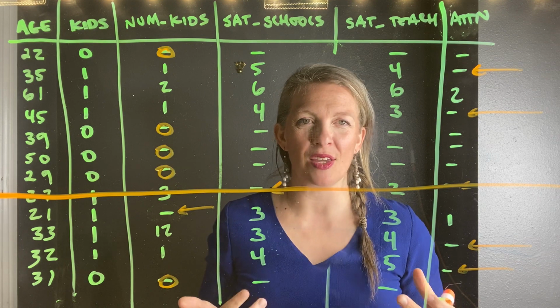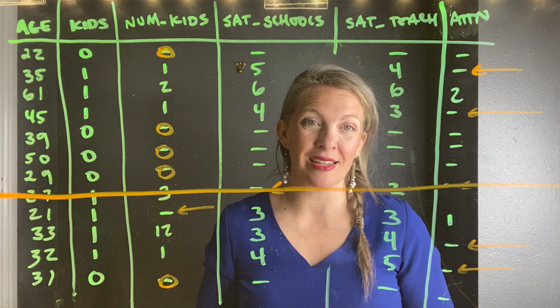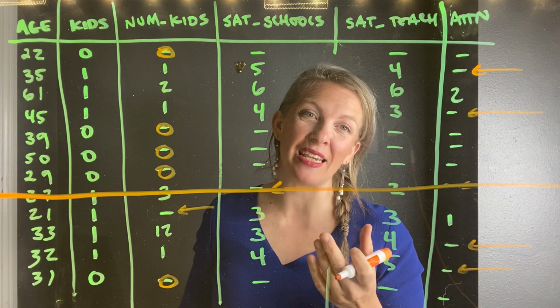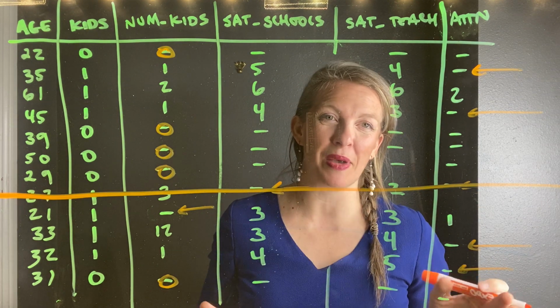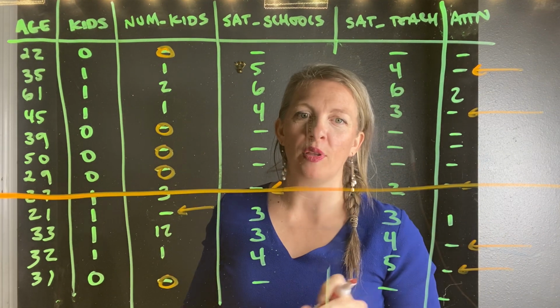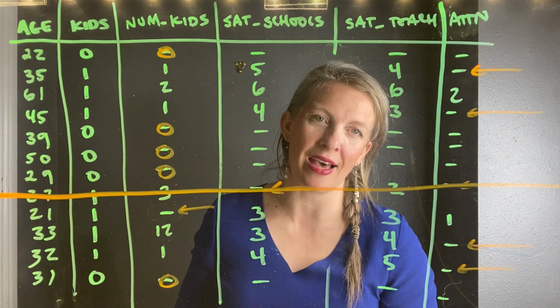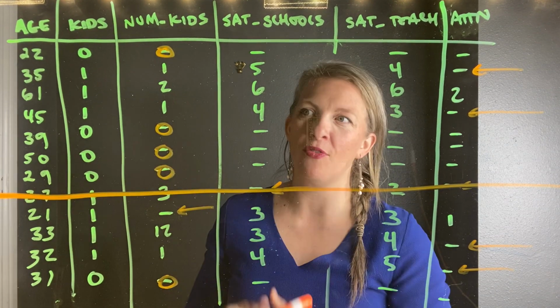That basically means that you are making an educated guess at what that data is, or that you're filling it in with a value that you think isn't going to mess with your analysis in any negative way. So for example, if we wanted to guess at how many children this 21-year-old has, we could impute a value.